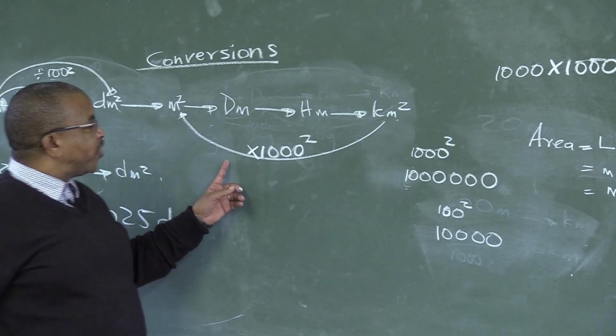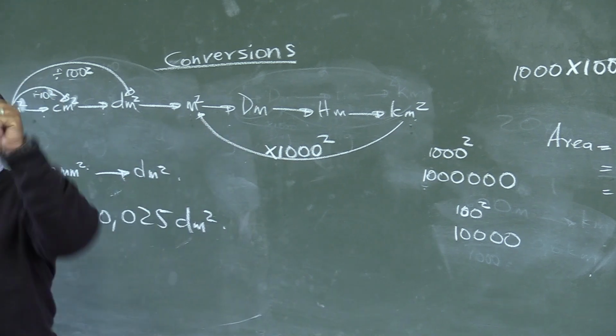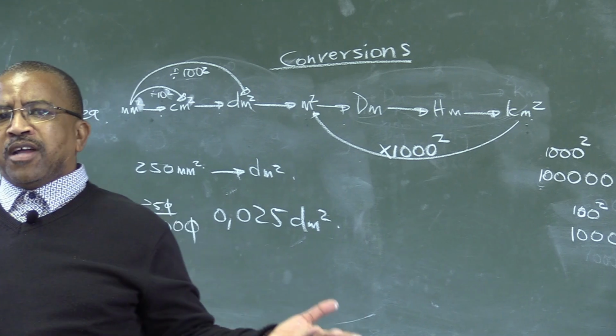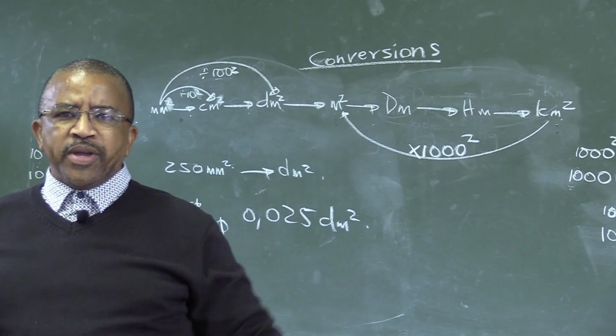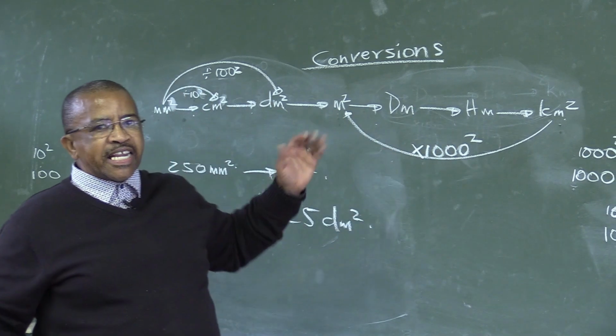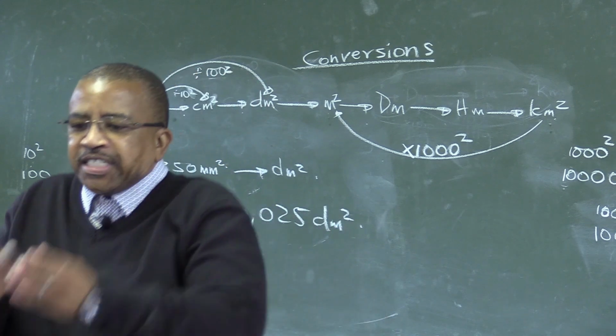Ngamanye amazwi when you convert kilometer squared to meter squared you multiply by a million or 1,000 squared.